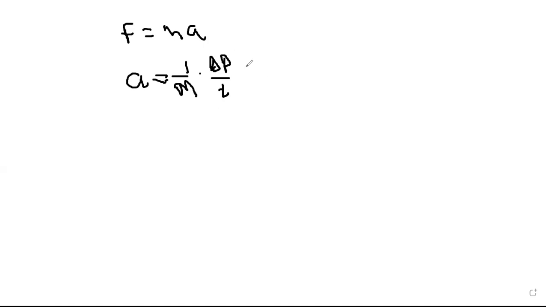Here a is equal to 1 by m, and delta momentum is mass into velocity divided by time t.